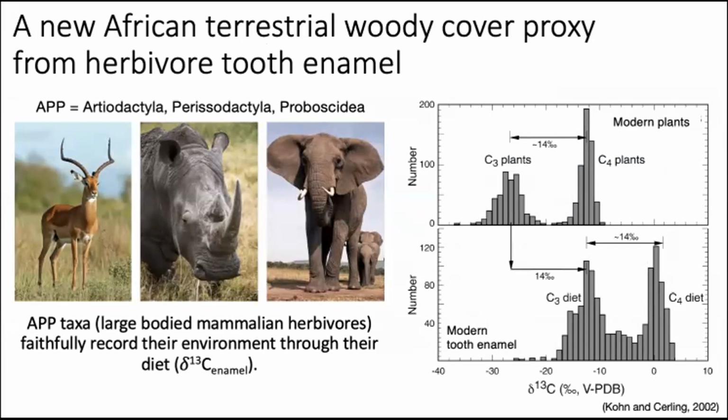They have this consistent offset between the plants that they eat and the carbon isotopic composition of their tooth enamel. This is in sub-Saharan Africa, and we're particularly looking at APP taxa. So this is Artiodactyla, things like bovids, Perissodactyla, things like rhinos and zebras, and Proboscidea, which are elephants.